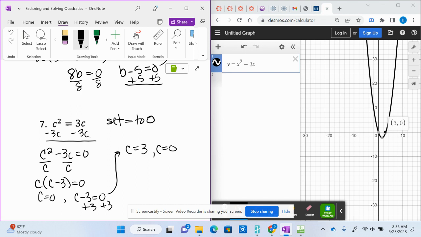So do you see how we're using Desmos to check our solutions? You just plug the equation into Desmos, and the solution is always where the parabola crosses the x-axis.